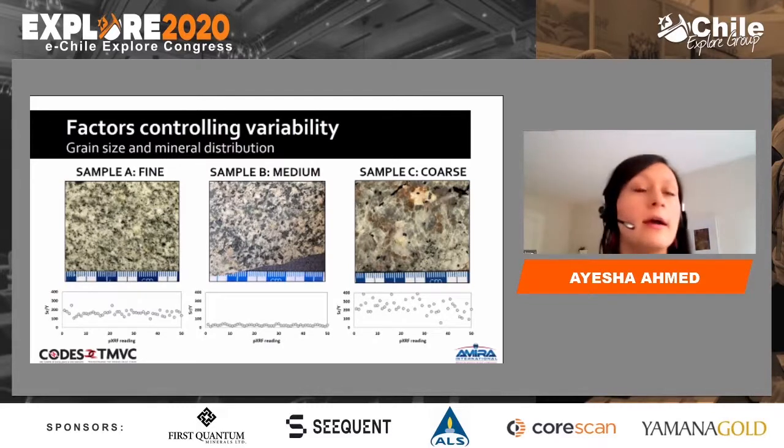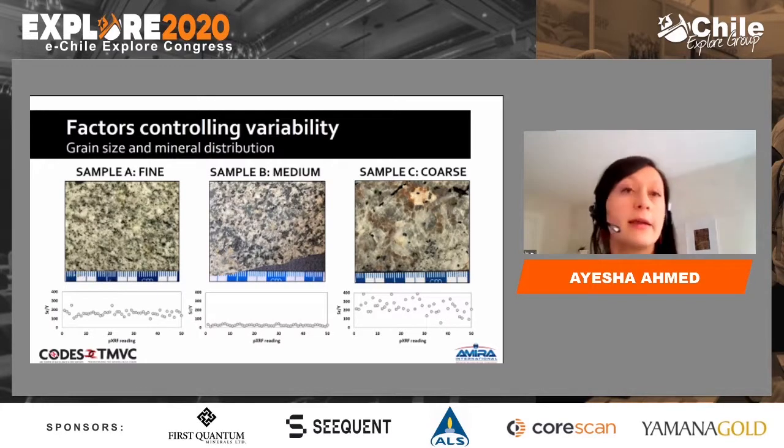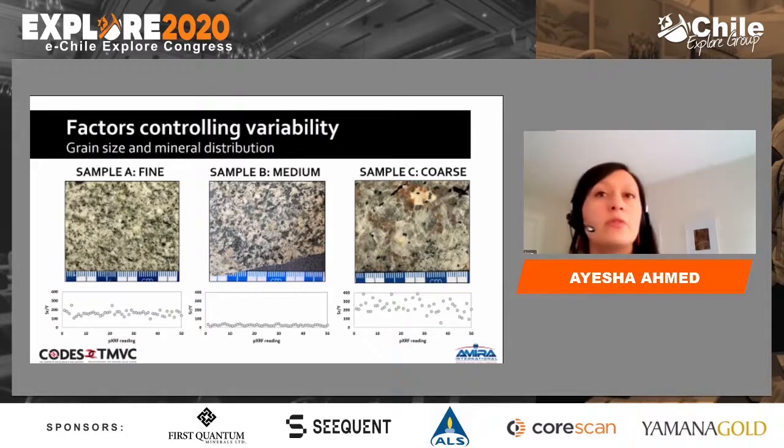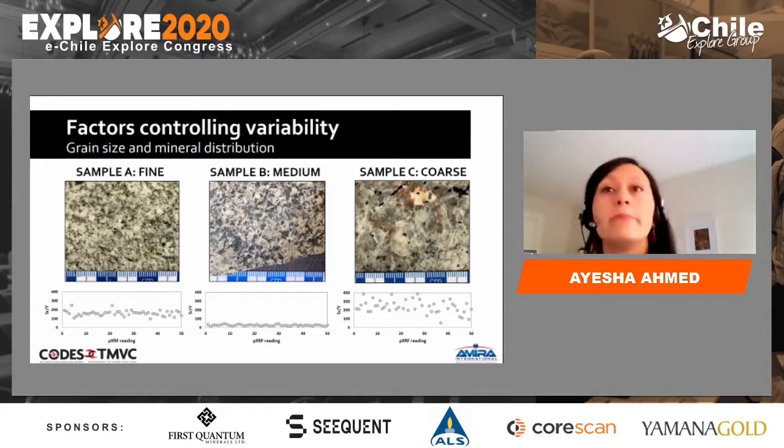Shown here are strontium over yttrium results from 50 spot analyses collected on each of the rock samples shown, fine, medium, and coarse grained. And what we see is that absolutely there is variability between analyses, and you can see this by shifts on the y-axis.